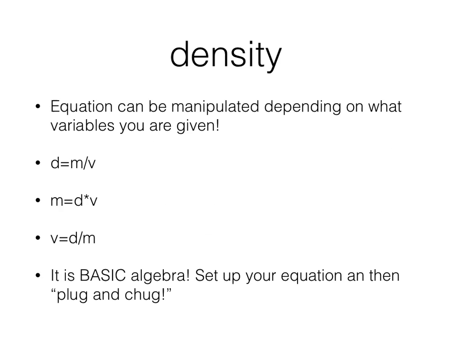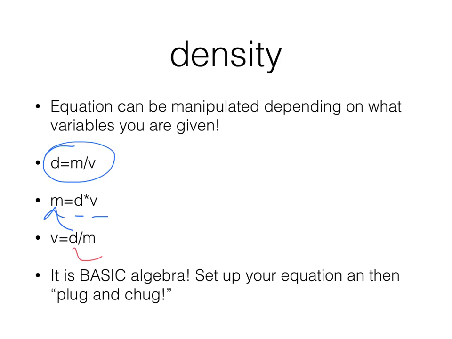The nice thing about density is that it's a very simple problem to manipulate. You're given this basic algebraic equation right here, and depending on what variables you're given in a problem, you can solve for any of those. If we manipulate that around, let's say we're given density and volume, then we can solve for mass, and we can figure out how much something weighs.